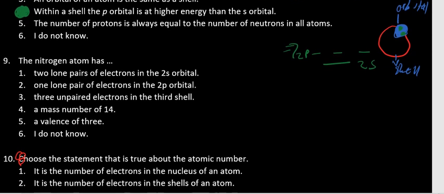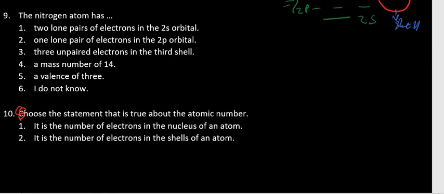The next one is: the nitrogen atom has dash. The answer is simply let's see, 2 lone pairs of electrons in the 2s. Okay, this question is very direct, and someone cannot fail it.